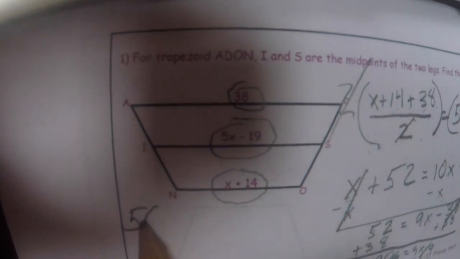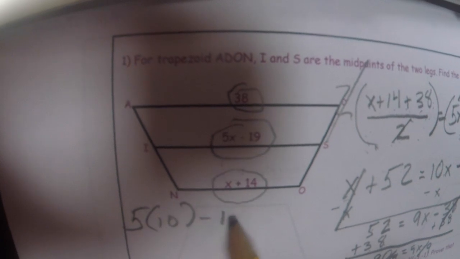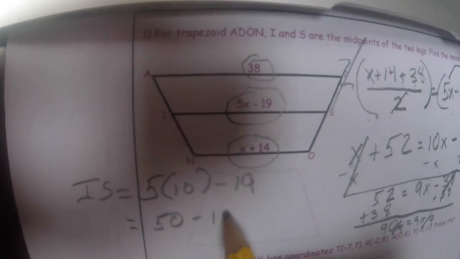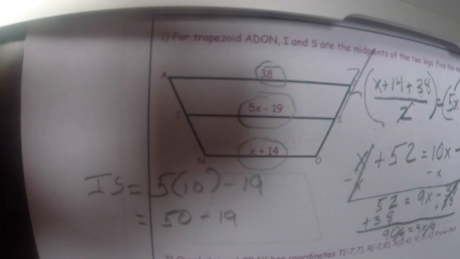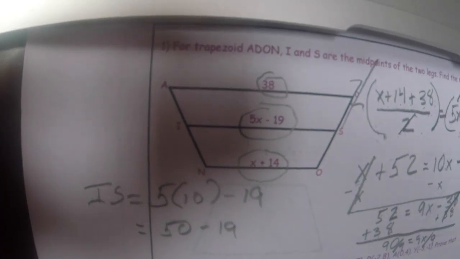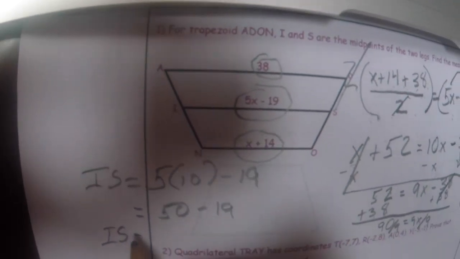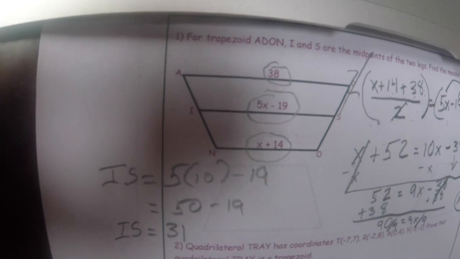I get 5 times 10 minus 19. That's going to give me the measure of IS. So that would be 50 minus 19, and 50 minus 19 would be 31, I think so. IS equals 31.